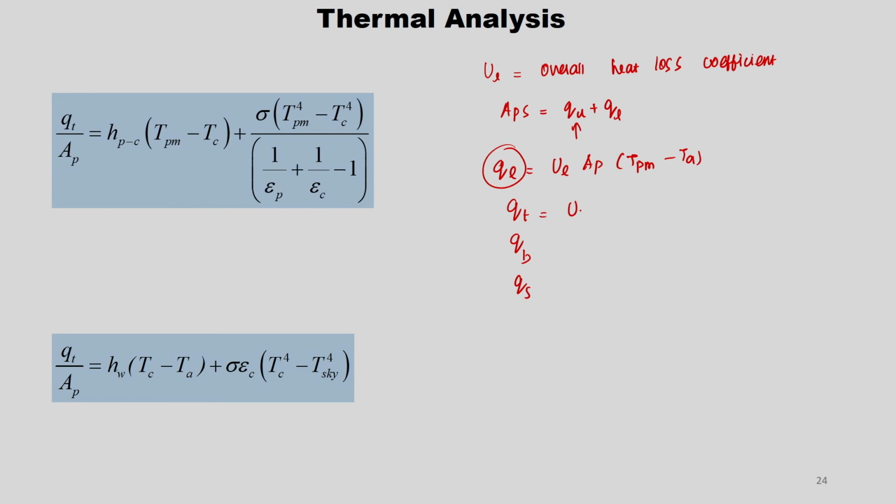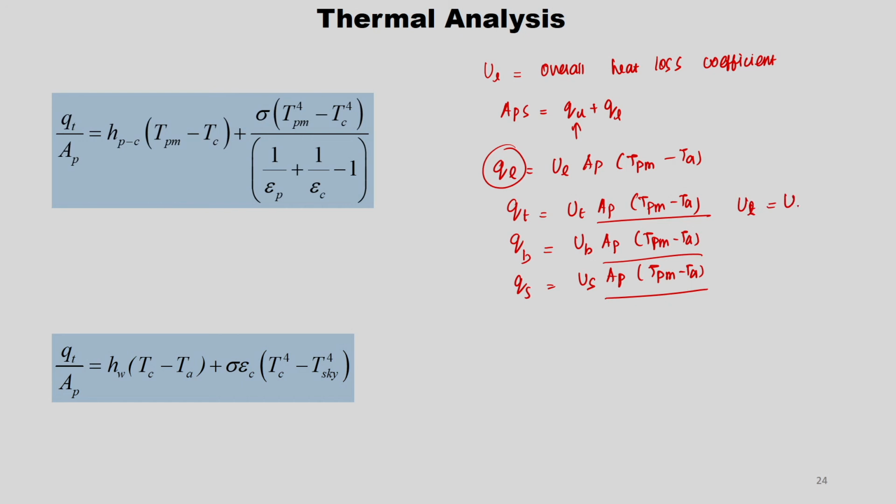QT is the top loss, UT AP (TPM minus TA); QB is UB AP (TPM minus TA); and QS is US AP (TPM minus TA). So AP (TPM minus TA) is common for all the losses, and the overall heat loss coefficient can be written as the summation of the top loss, bottom loss and side loss coefficients.